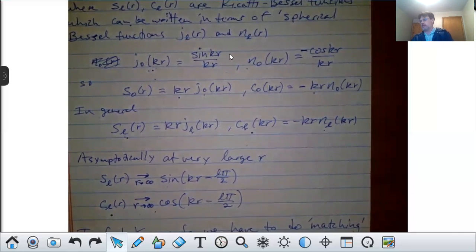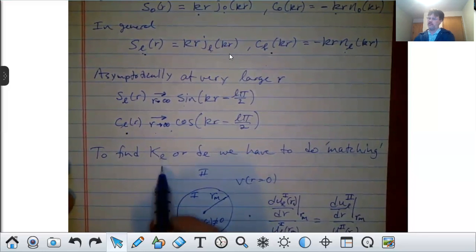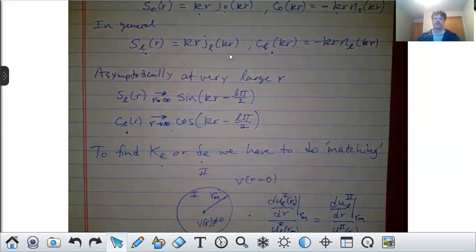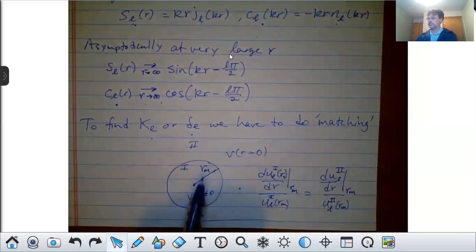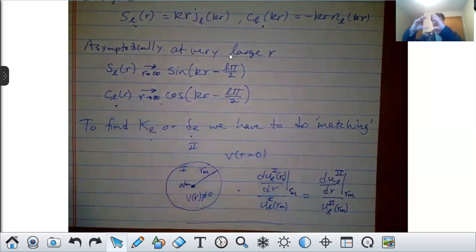Okay, so last thing here for right now. How do you find the K_L or the delta_L, the phase shift? Typically what you have to do is some kind of matching. Often we will split the region around the atom into two places. You've got a sphere that surrounds the atom, and I'm going to call that region 1, where the potential energy is not equal to 0.